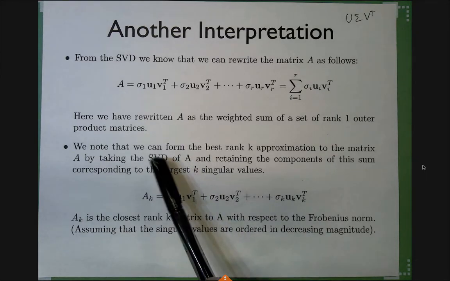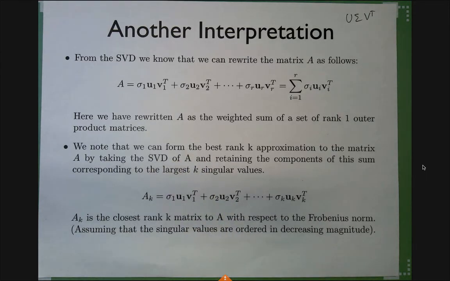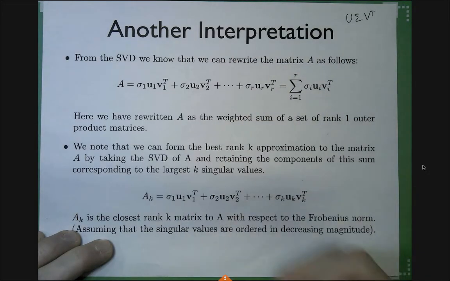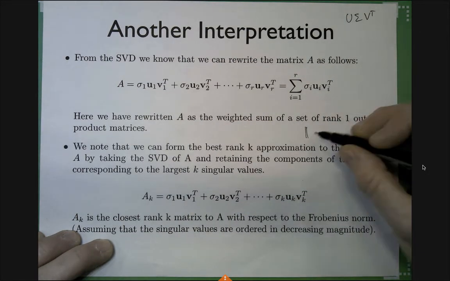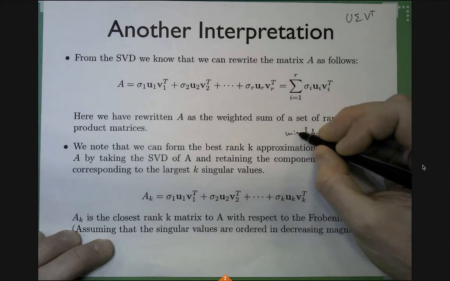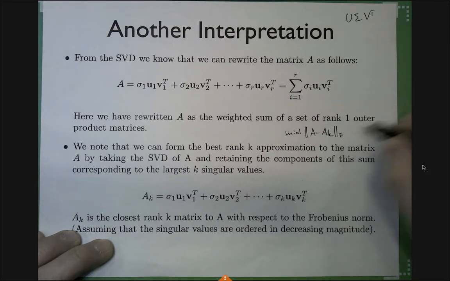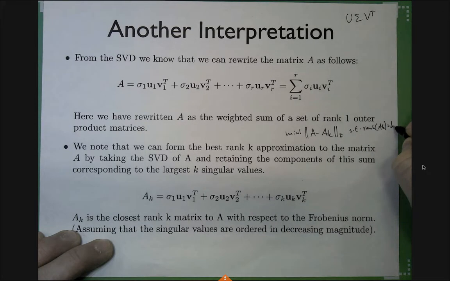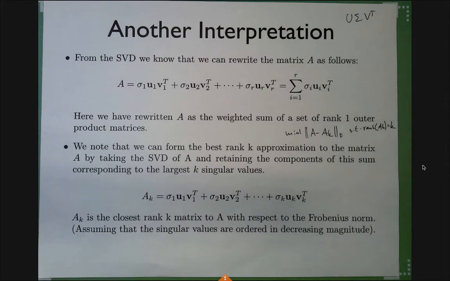Now, interestingly, if this is my matrix A, and I want to find a matrix A_k such that I minimize the Frobenius norm of the difference, such that the rank of A_k equals k, the solution can be immediately obtained from SVD, okay?